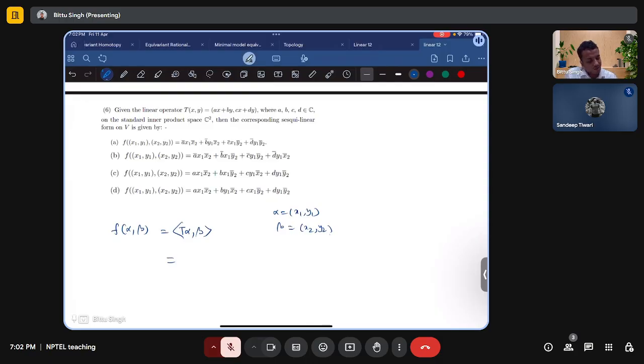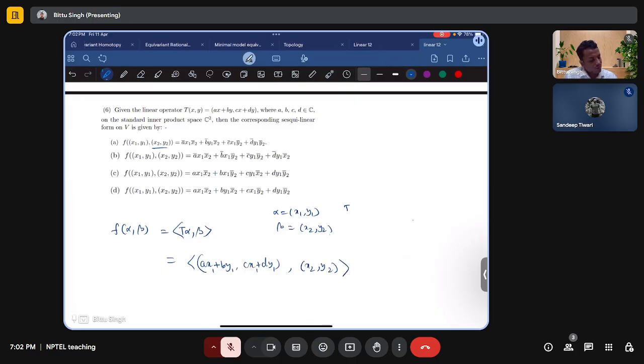Now what is T alpha? T alpha is the same as (ax plus by, cx plus dy). Means there will be x1, y1, because we are taking T of alpha. This is actually T alpha. Now what is beta? Beta is (x2, y2).